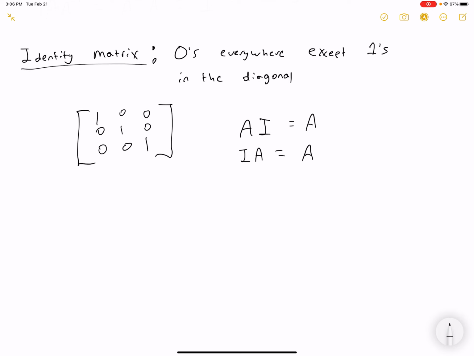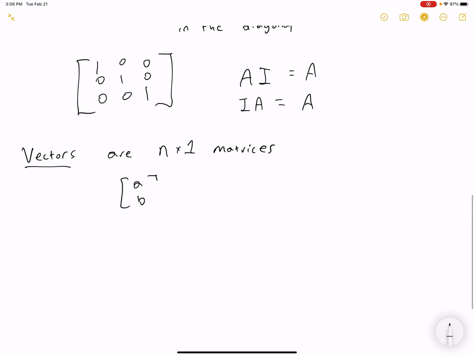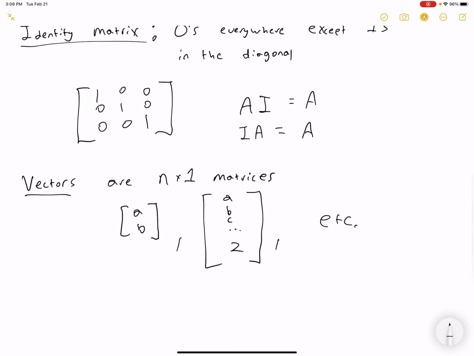So a specific type of matrix is a vector. Vectors are n by 1 matrices, and that's a vector, that's a vector, etc. These are all vectors. And conceptually, they represent a point in space.